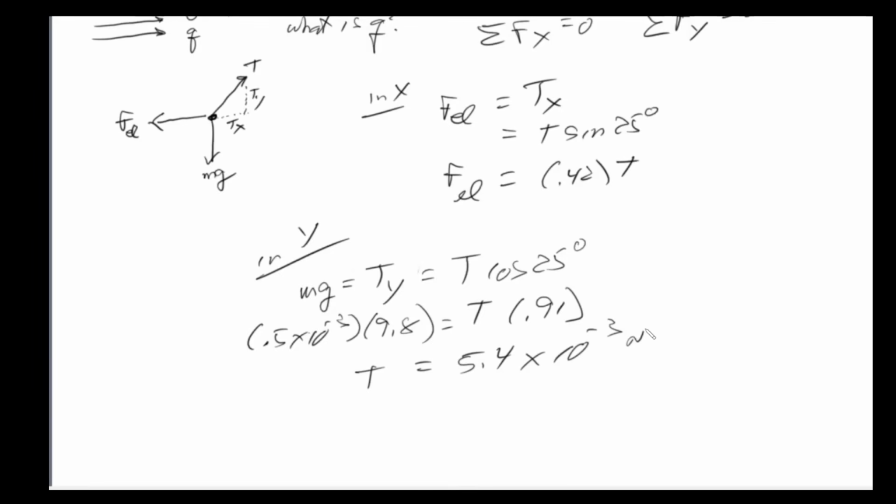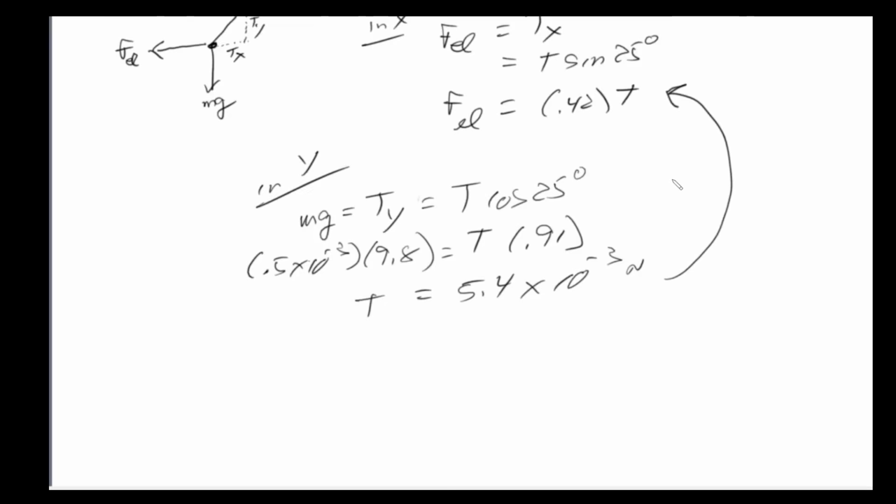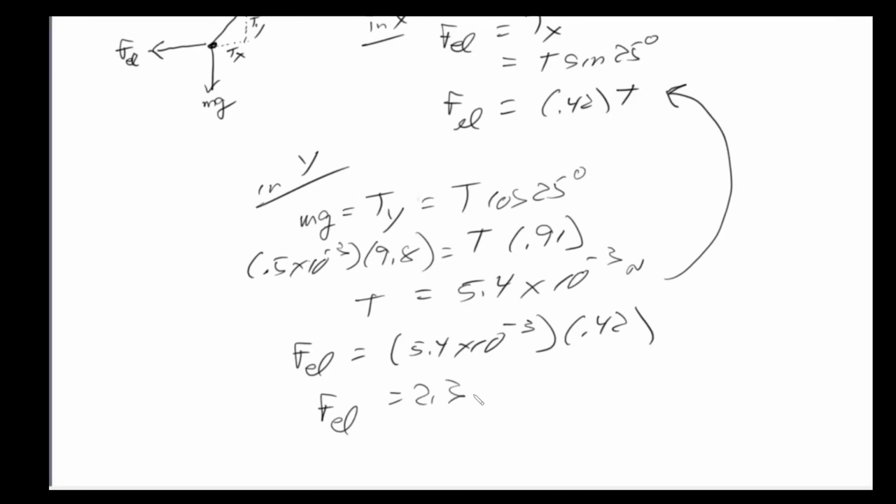If we then substitute this value for T into the equation for the electrostatic force, we get the electrostatic force is equal to 5.4 times 10 to the minus 3 times 0.42, or 2.3 times 10 to the minus 3 newtons.